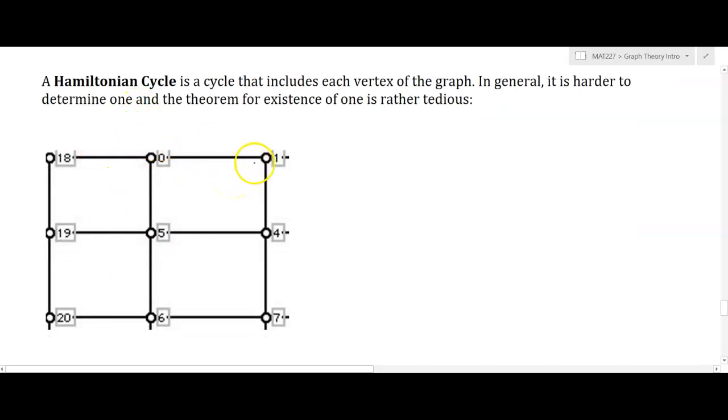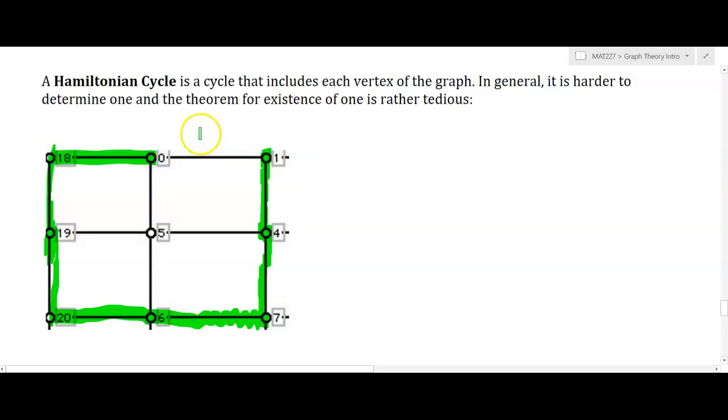And so if we start at, say, vertex 1, we want to hit every vertex exactly once. So I can go from, for example, 1 to 4, 4 to 7, 7 to 6, 6 to 20, 20 to 19, 19 to 18, 18 to 0.